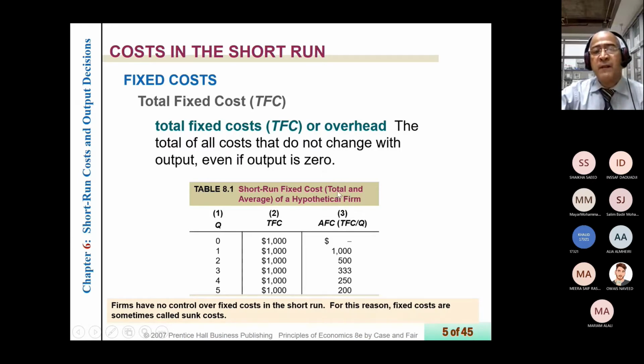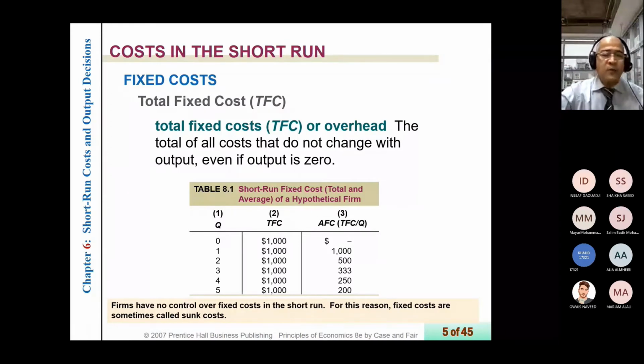paying the rent. We have another term called average fixed cost. Write notes about the formulas, even if they are easy. So average fixed cost equals total fixed cost divided by quantity produced.